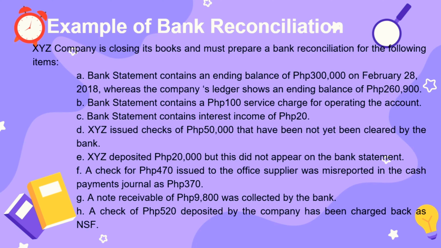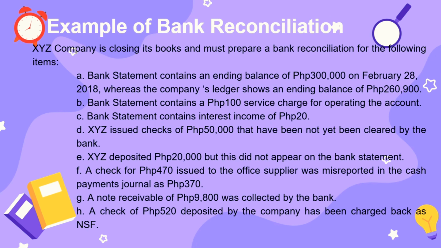Letter C, the bank statement contains interest income of 20 pesos. Letter D, XYZ issued checks of 50,000 pesos that have not yet been cleared by the bank. Letter E, XYZ deposited 20,000 pesos, but this did not appear on the bank statement.